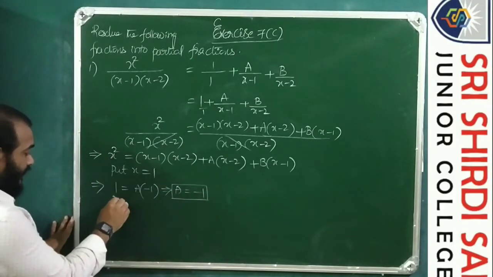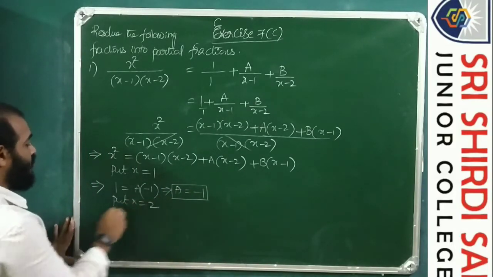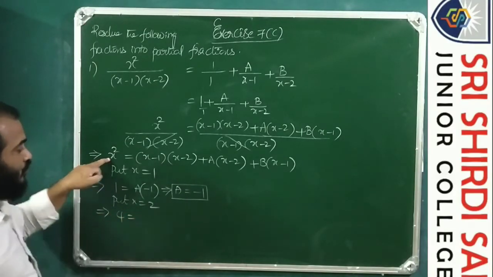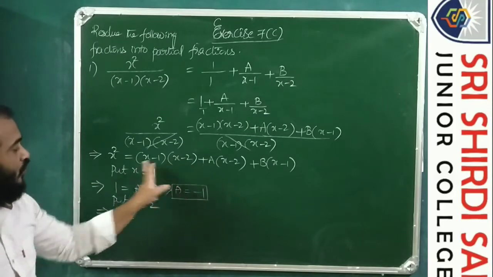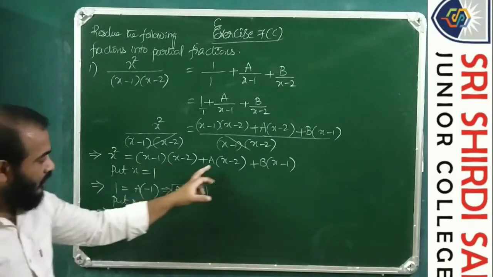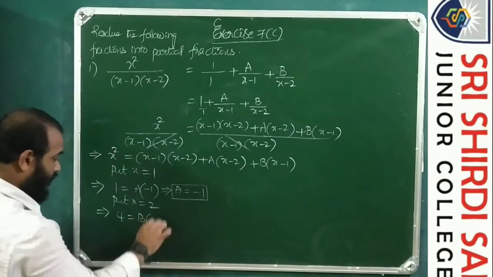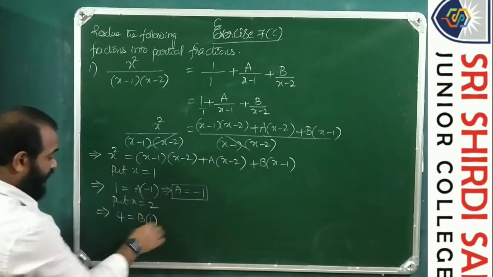Put x equals 2. 2 square, 4, is equal to 2 minus 2 is 0, into this is 0, and 2 minus 2 is 0. So B into 2 minus 1, which is 1.